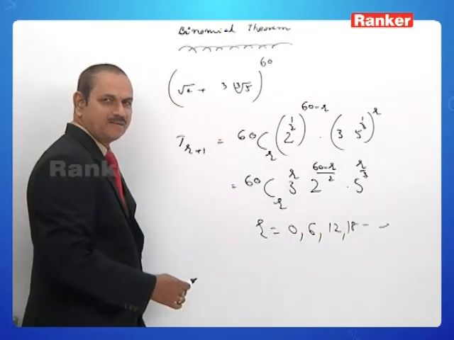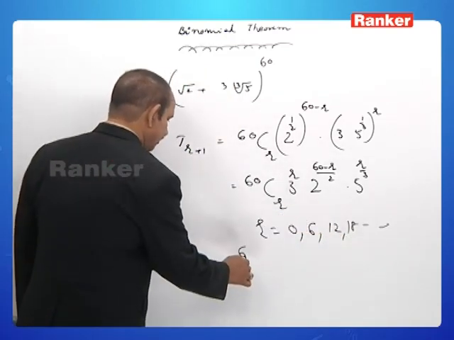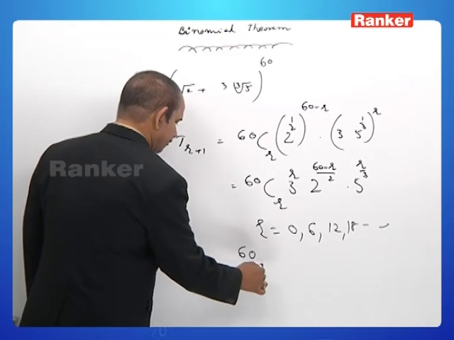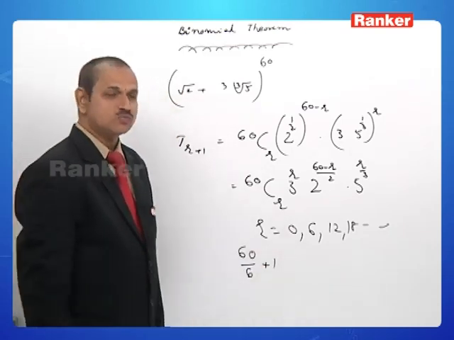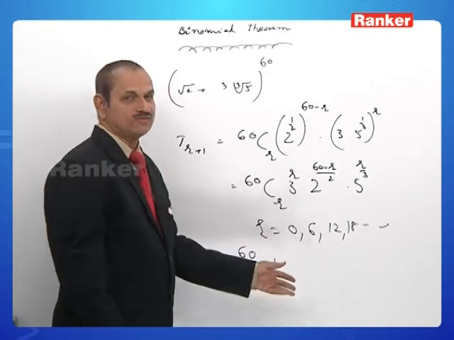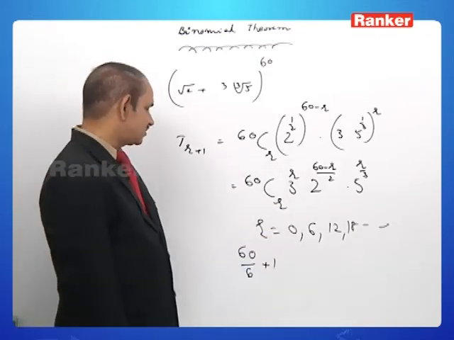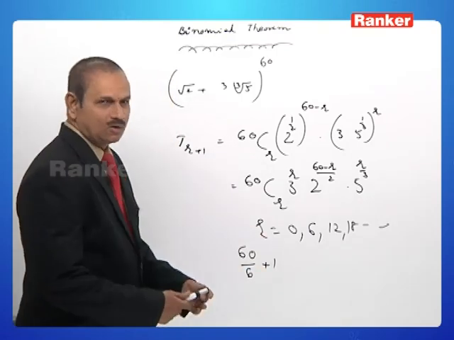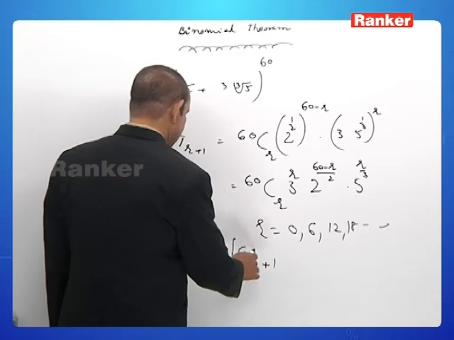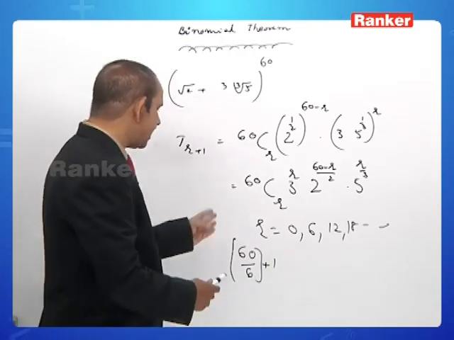How many will there be in number? It's very simple. 60 by 6 plus 1. Why plus 1? It is true when r is 0 also, isn't it? Yes, of course, since the answer is 60 by 6 plus 1. What is the integral part of 60 by 6 plus 1? It is 10 plus 1.